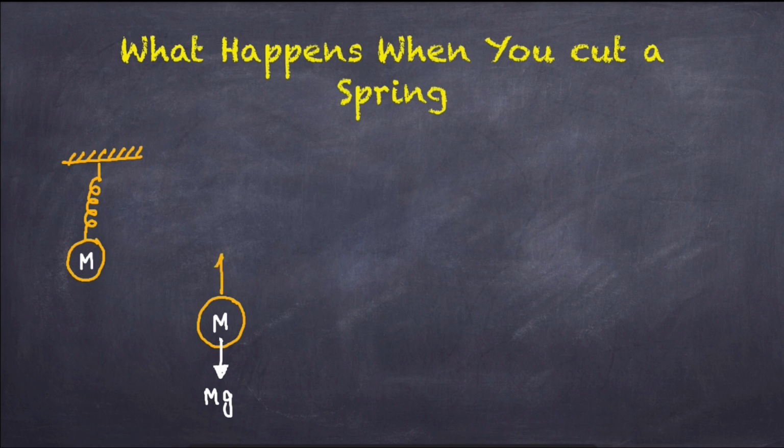So the spring force Fs will be acting away from the body. Since the body is in equilibrium along the y-axis, just like in the previous case, Fs would be equal to mg. So before you cut the spring, the spring force provided by the spring will be equal to mg.